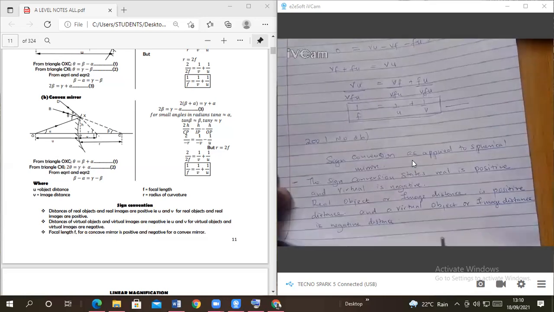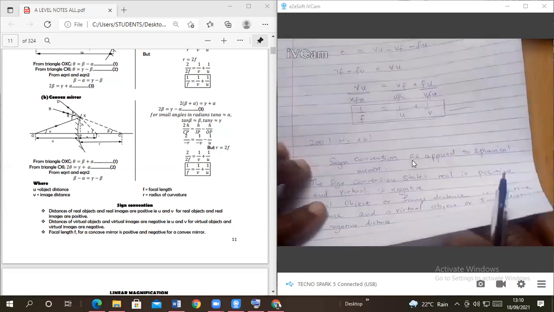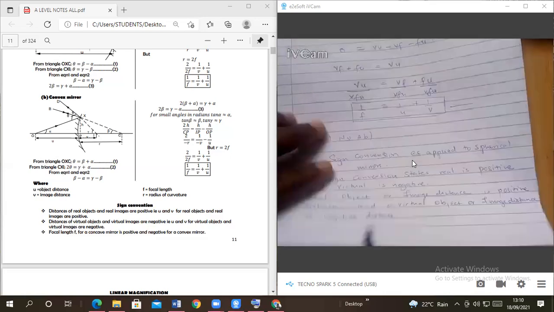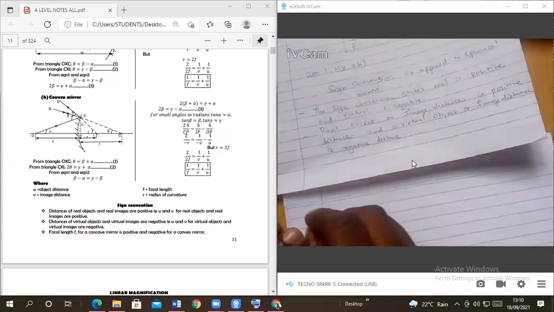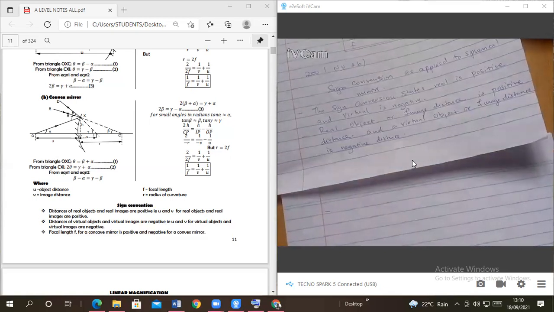Thirdly, the thing that you should know is that if the focal length, the object distance, and the image distance are positive, then you know that we are dealing with a concave mirror.